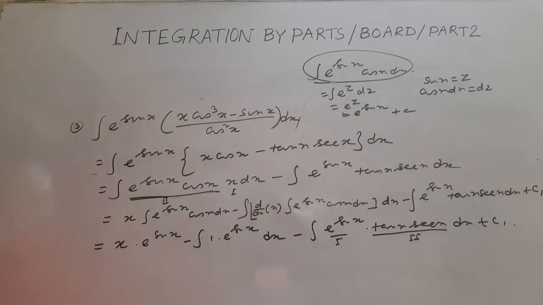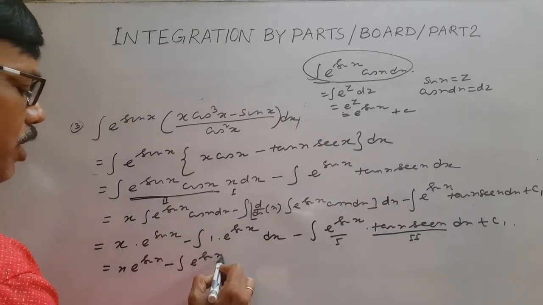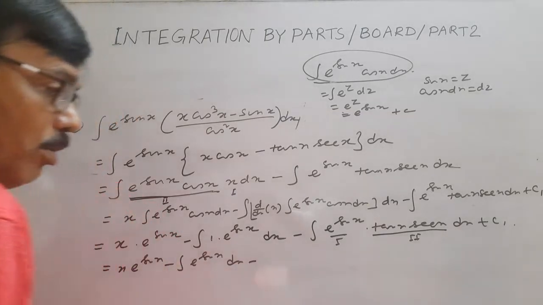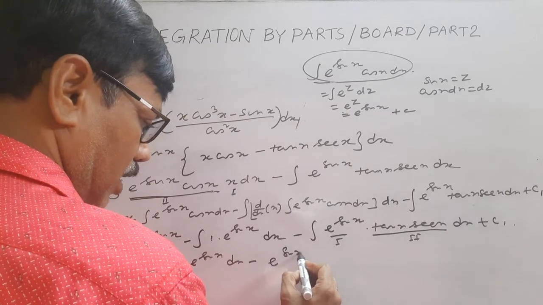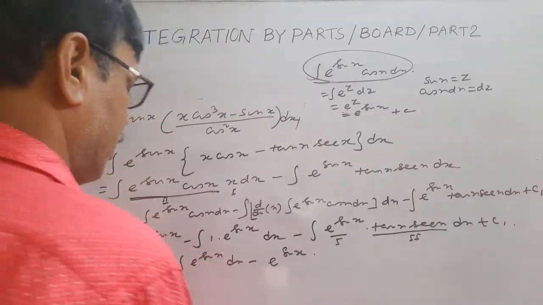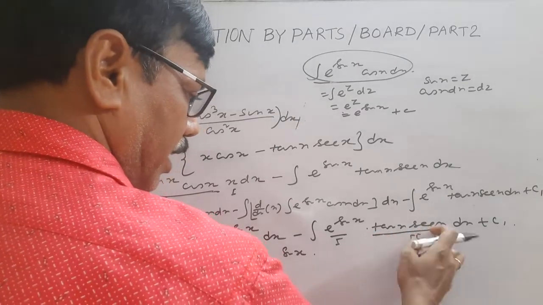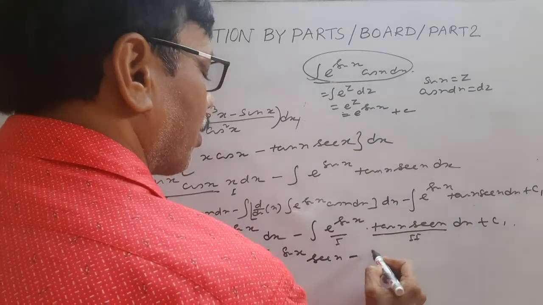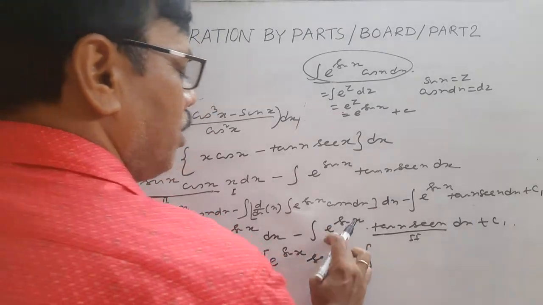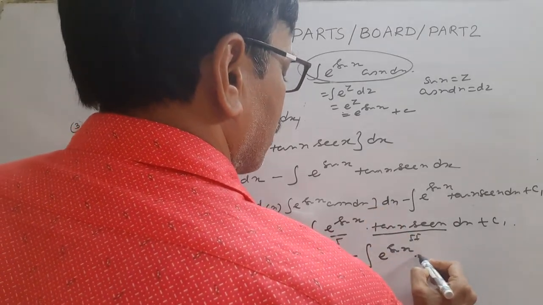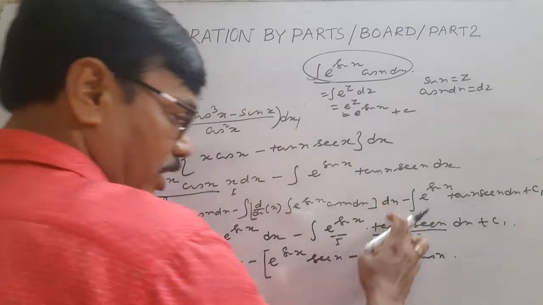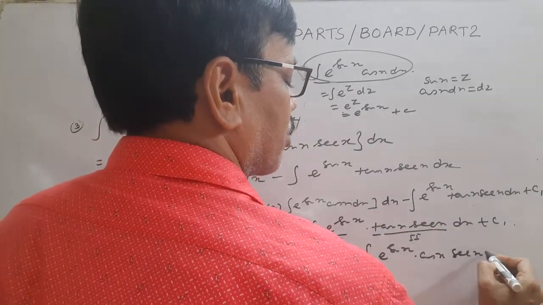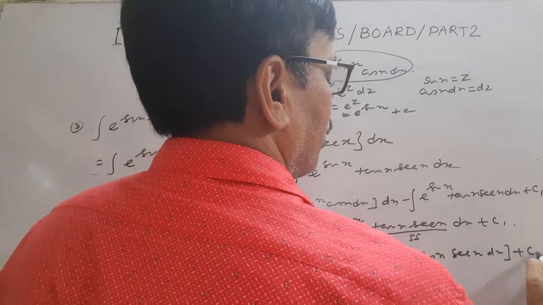So x into e to the power sin x minus, this is not integrable, minus, look, e to the power sin x unchanged, integration of tan x sec x is sec x, minus integral of e to the power sin x into cos x, then integration of tan x sec x is sec x dx plus c2.